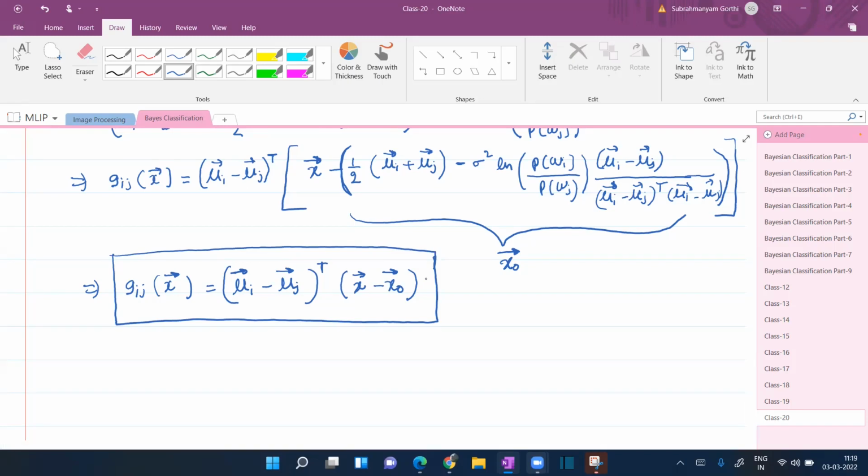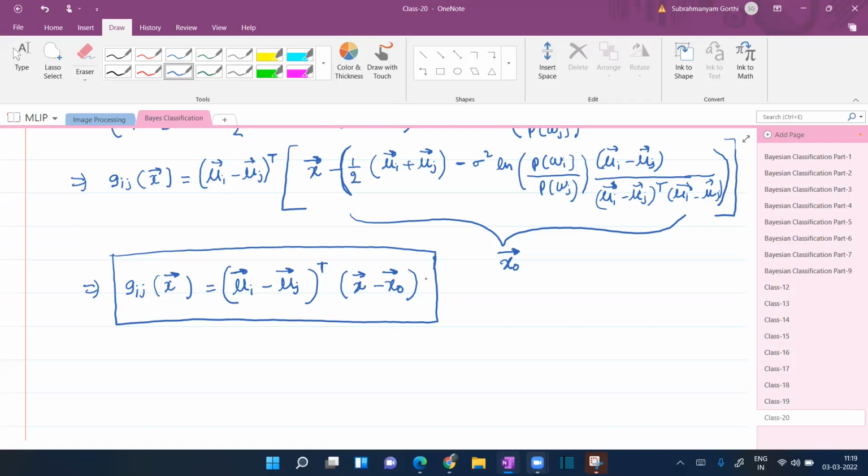We have derived the equation for the decision hyperplane when the covariance matrices of the two classes are equal. And of course, we also assumed that the elements of the feature vectors are statistically independent. In other words, the off diagonal elements are 0. Then this is the decision plane that you would get between classes i and j.